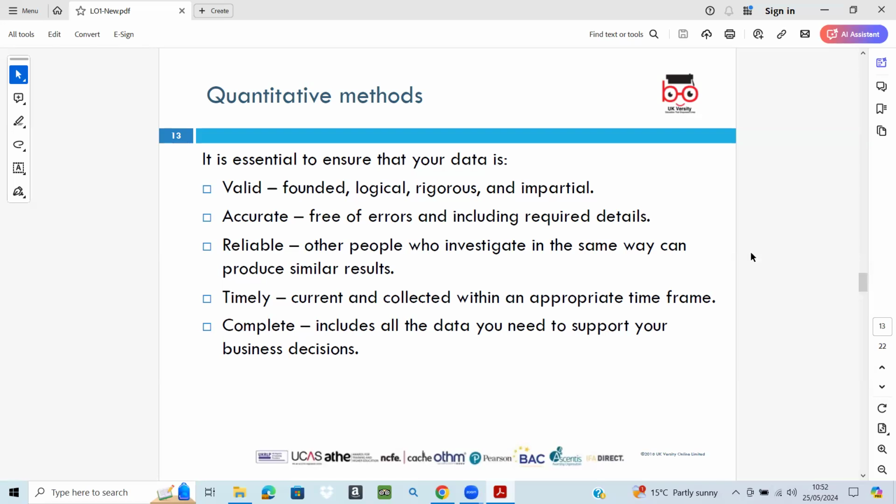Timeliness in data collection signifies that data is current and collected within an appropriate time frame. Then we have complete. Data completeness indicates that all necessary information and variables are present to support the research and business decision. Then we move to the next slide.